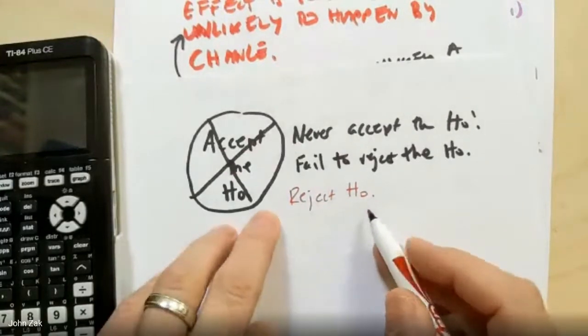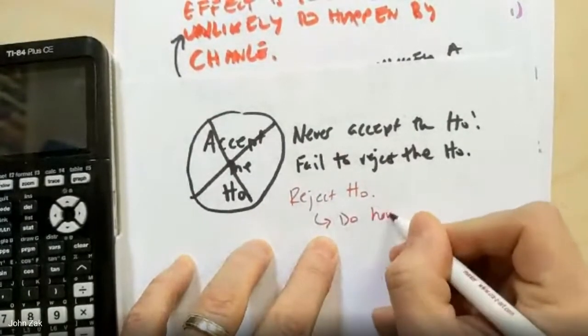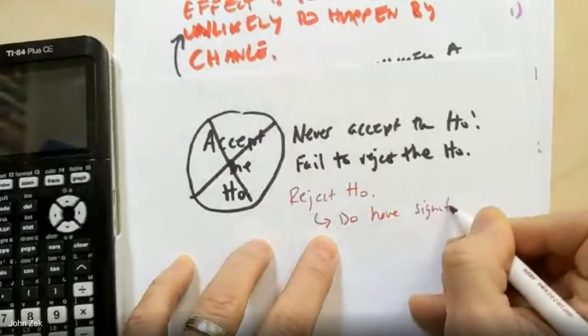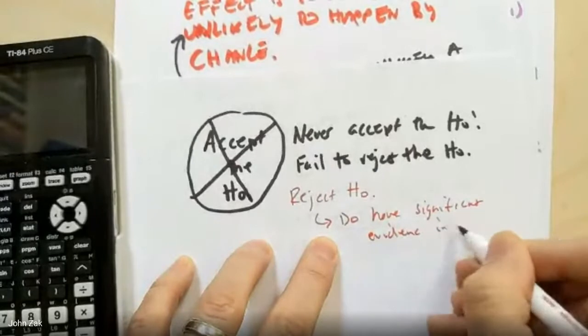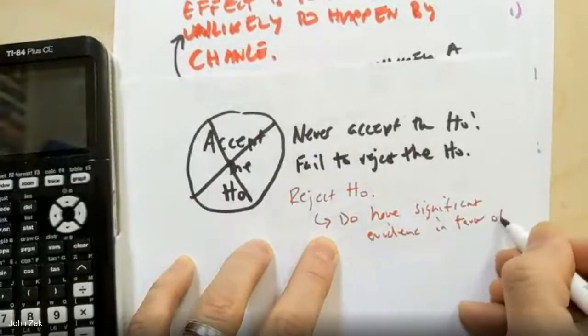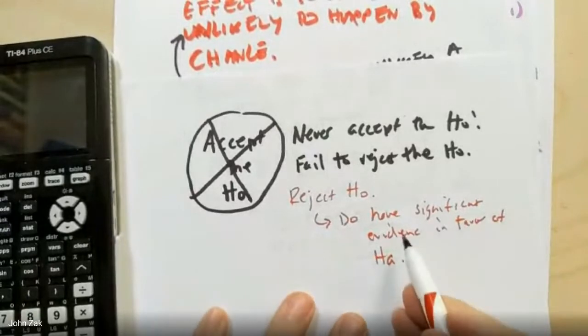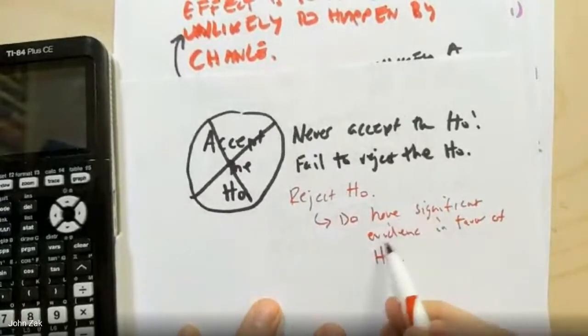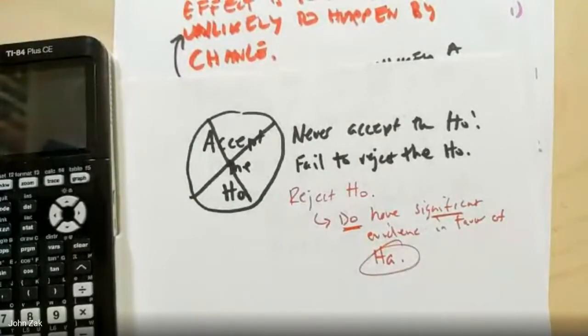It means we do have significant evidence in favor of HA, right? When we say we reject the null hypothesis, we do have significant evidence in favor of HA.